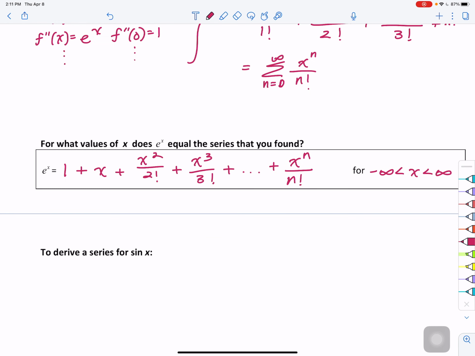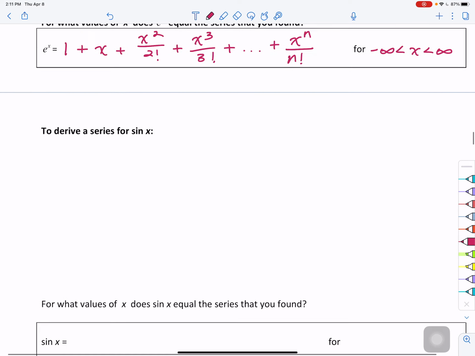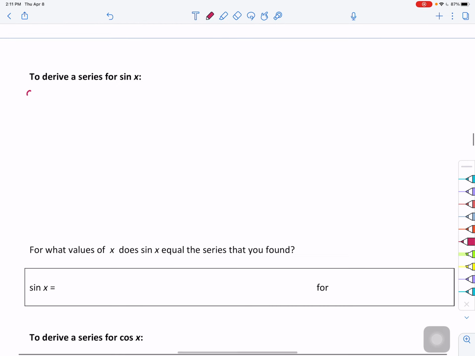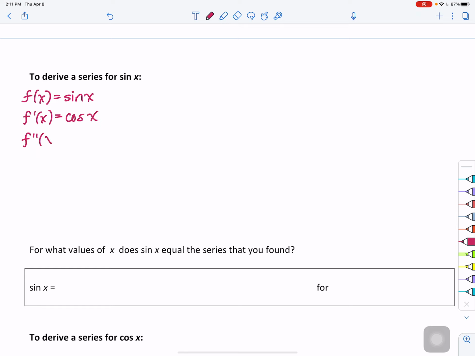So, to derive a series for the sine of x, we're going to do the same thing. f of x equals the sine of x, f double prime, f triple prime, and you can see that it's going to cycle. Now, if this is a Maclaurin series, of course, c is 0.